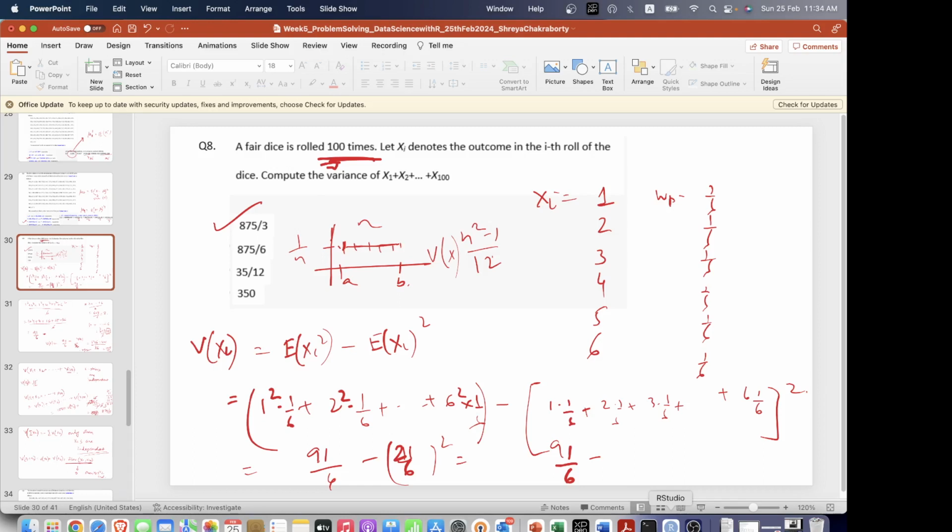You can do this experiment and get the variance like this. That would be a validation, but you would not get this exact number, because this is the true variance. If you roll 100 times, you would get a number very close to this, no doubt about it, but it would not match exactly.